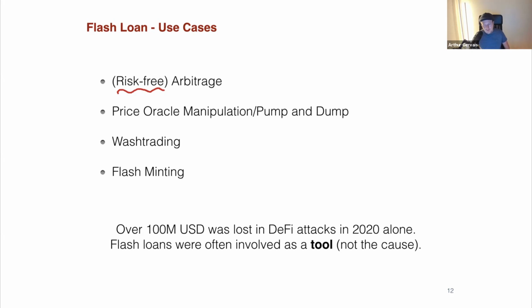They're just a tool to help identify issues in the intertwined DeFi platforms, and they beautifully lower the capital requirements such that they democratize access to exploiting these vulnerabilities. So it's kind of an enabler to finding problems that are present and that will be found eventually, but they significantly lower the cost, which is great for security, right? We want to fix issues rather than have security by obscurity.